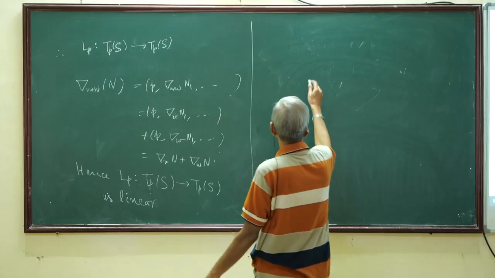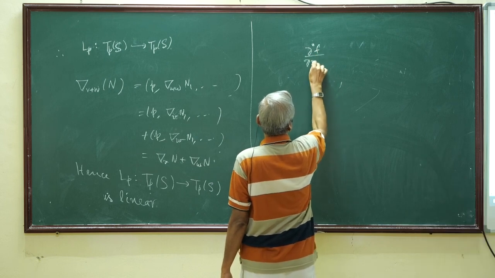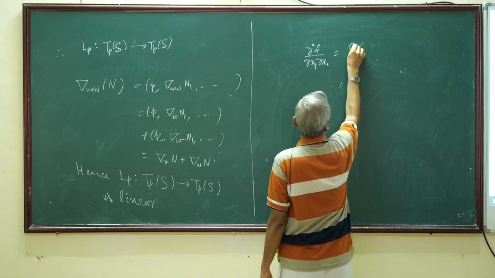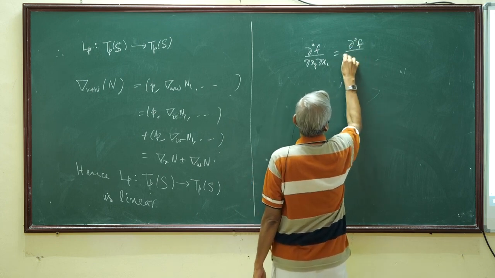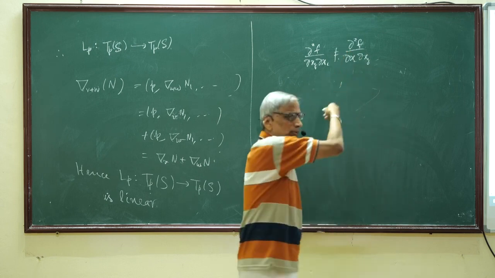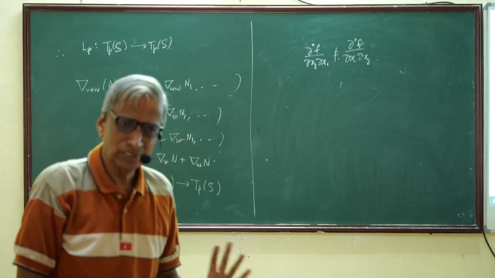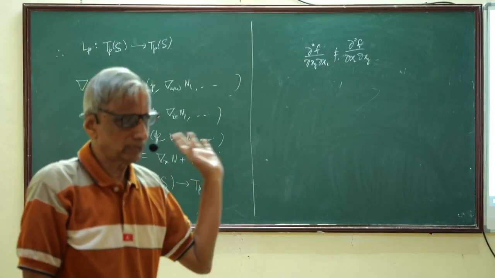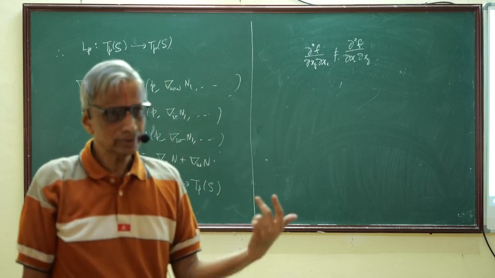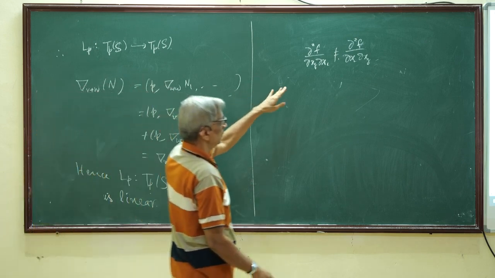So in general, of course, this may not be equal to this always, but if the function is sufficiently smooth, then this is going to hold. For example, if the function is C2, continuously differentiable twice, if the second partial derivatives exist and are continuous, then they are going to be equal.